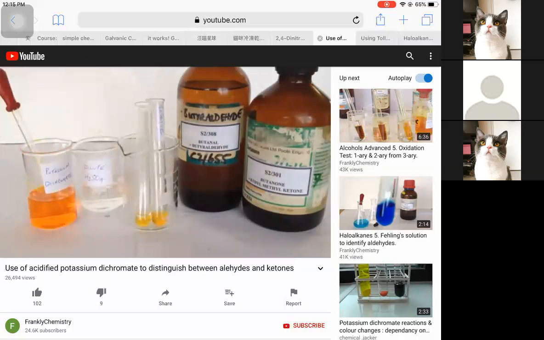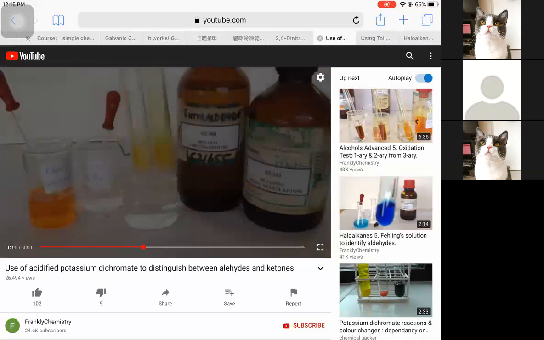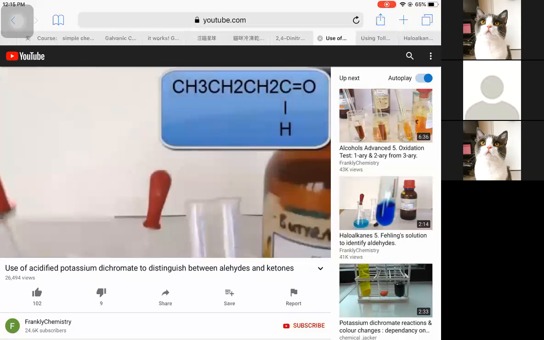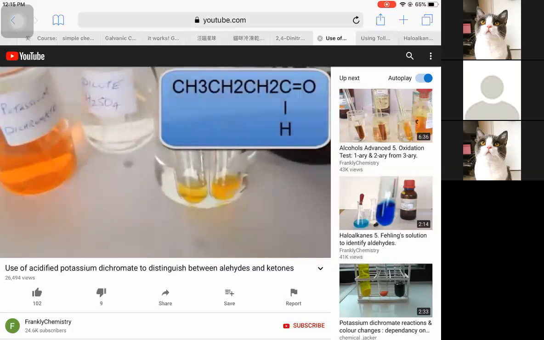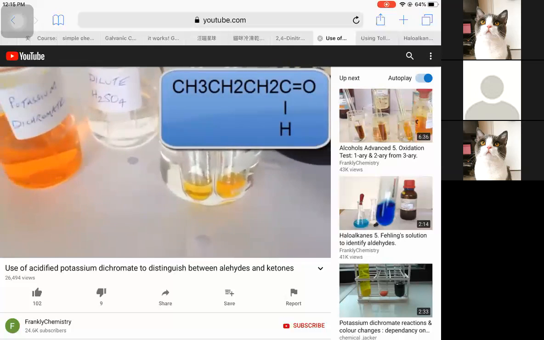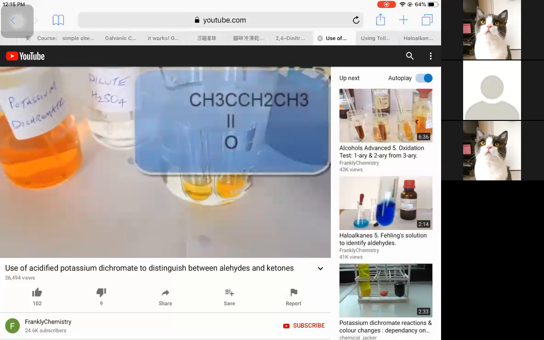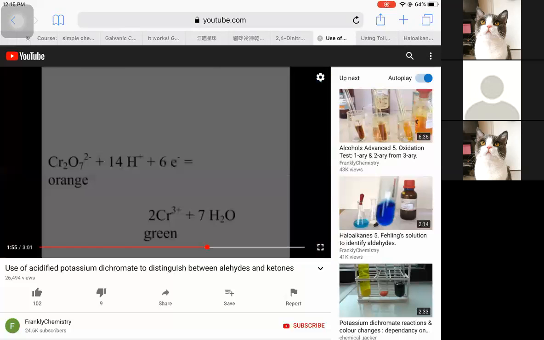And then after acidifying, you're gonna give it a shake and leave it for some time. Okay, you can already see some changes for the test tube with aldehyde on the left-hand side. And if you wait a bit longer, you will see a more obvious difference.